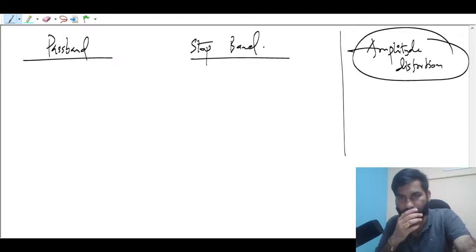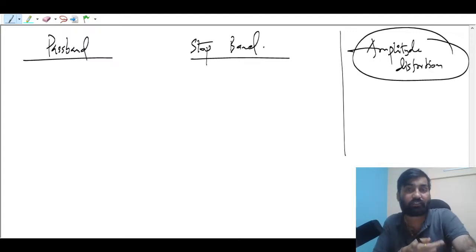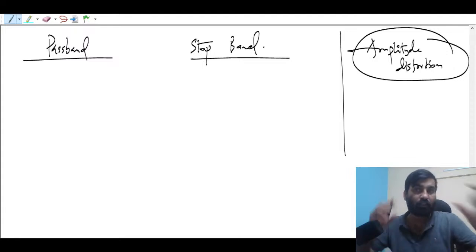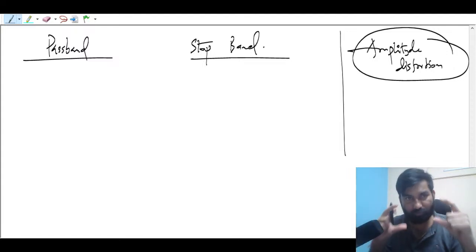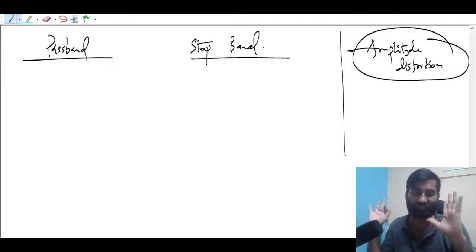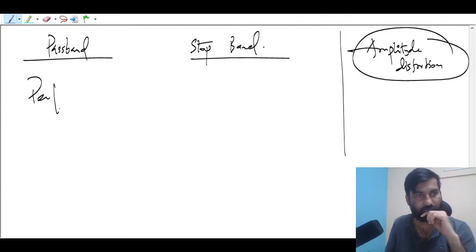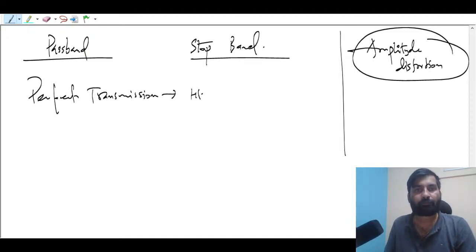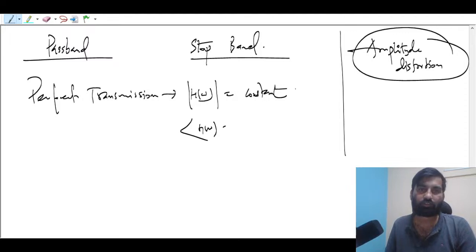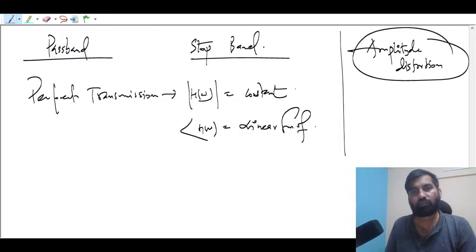And the phase is not linear. So see, what does perfect transmission mean? Constant amplitude, constant gain, and linear phase. That is a perfect transmission. Perfect transmission means H of omega must be constant, and the phase of this must be a linear function of omega.